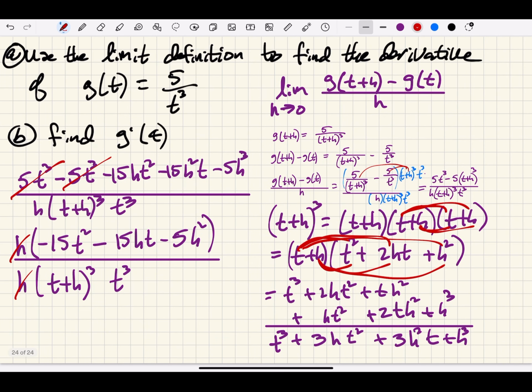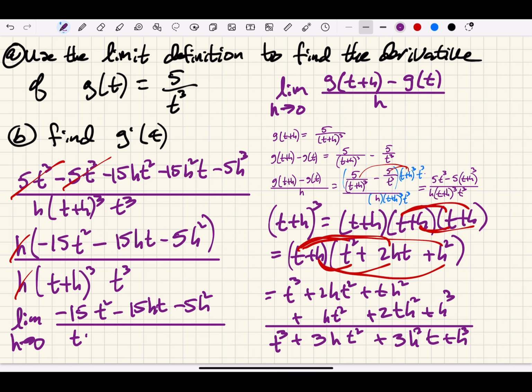And now we can find the limit as h goes to 0 of negative 15 t squared minus 15ht minus 5h squared over t plus h cubed times t cubed.